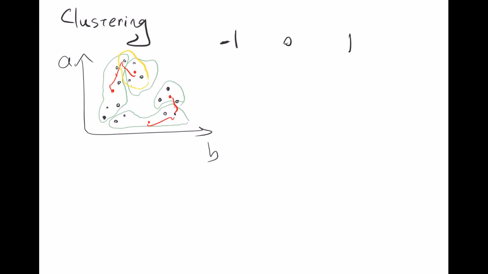So when your silhouette coefficient is close to -1, it means your points are not assigned correctly. If it's 0, it means some of the points are on the border. Let me change this one.